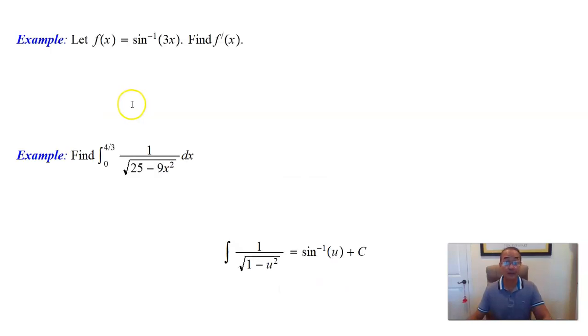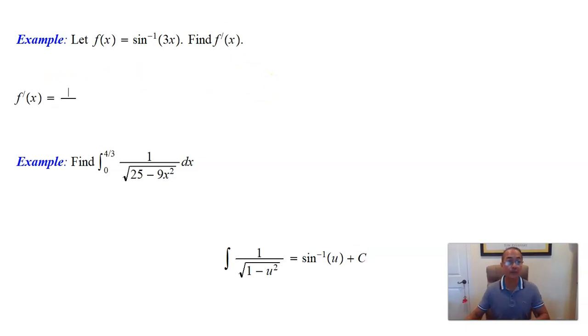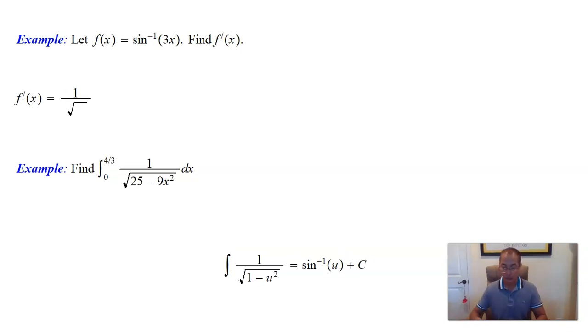All right, let's look at a derivative and a definite integral. Okay, so our function is the inverse sine of 3x. We want the derivative of this function. Okay, so we said that the formula for the derivative of inverse sine is 1 over the square root of 1 minus x squared. So we should have 1 minus something squared.